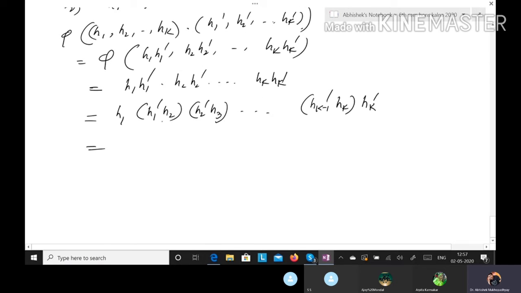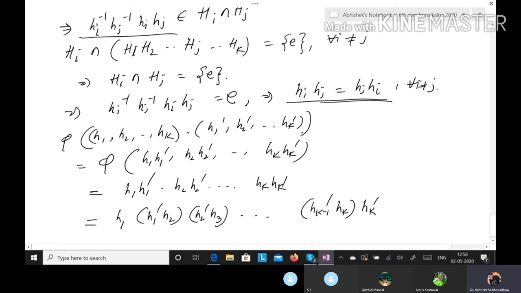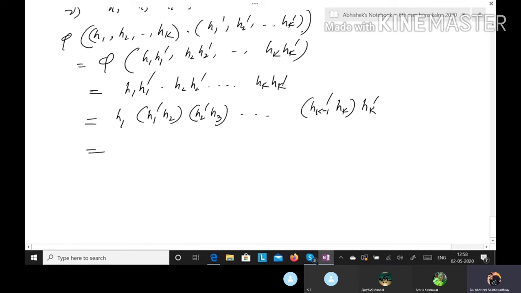In this way you can apply this observation repeatedly, and you will find that all these hi will come forward and all the hi dashed will go to the right.